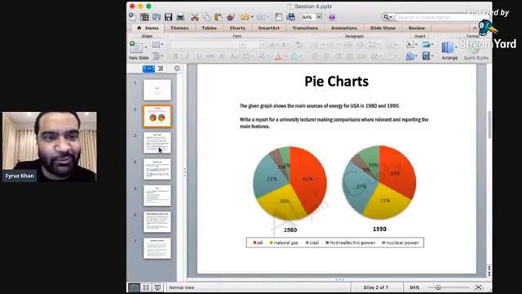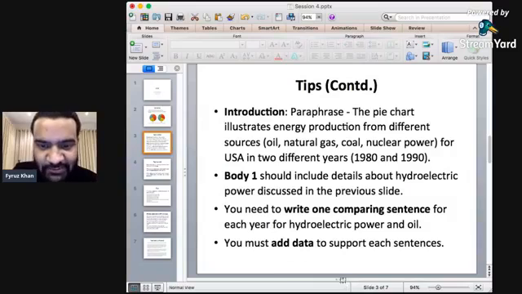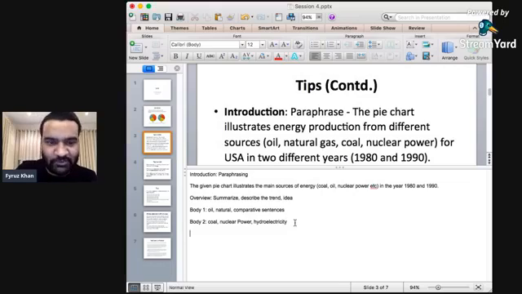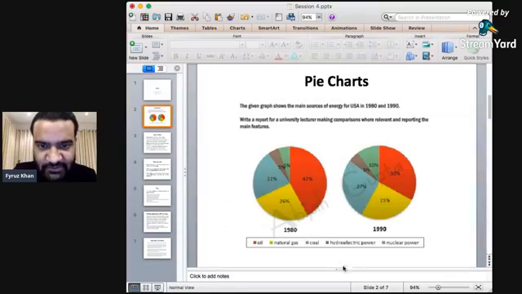You can use this vocabulary to make a mention of the changes. You can make a note down. I can use the word slightly for natural gas, because there's a slight change. And this one doubled, so you can use the term doubled here.